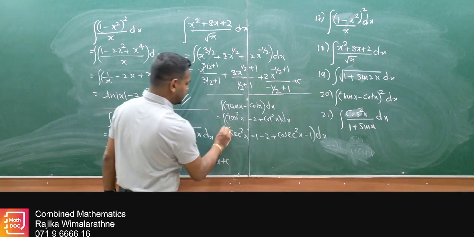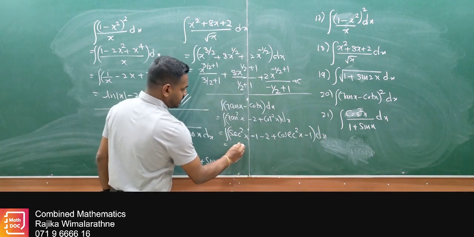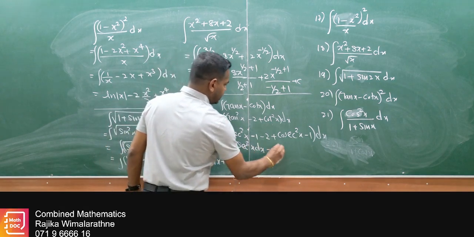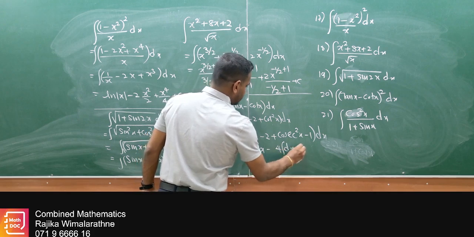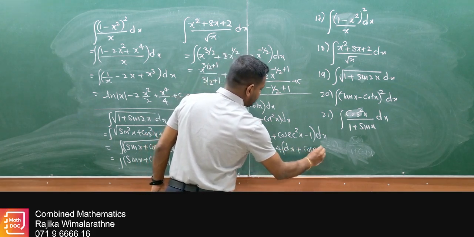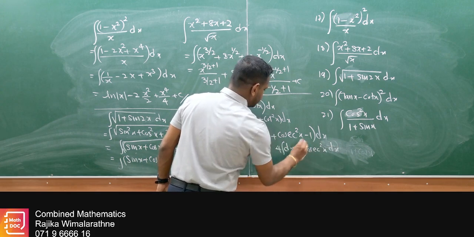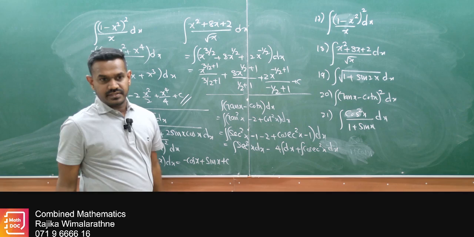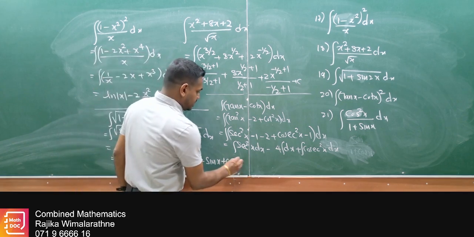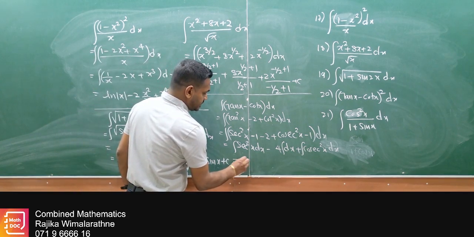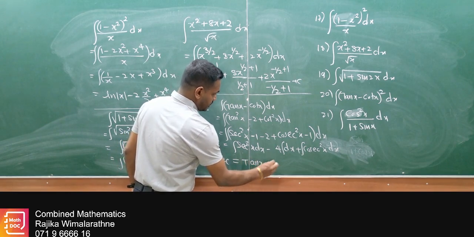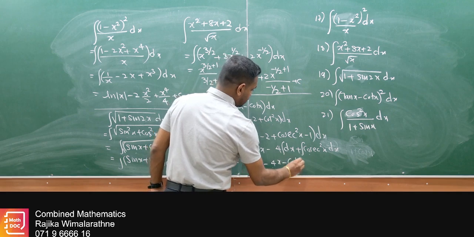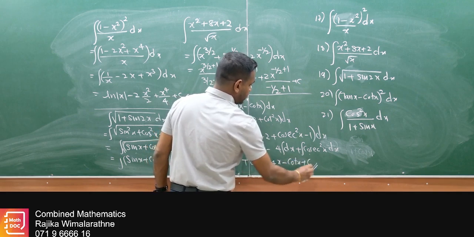Now you know these integrals: sec squared x dx minus 4 dx plus cosec squared x dx. You need to convert using simplification into integrable type. Then sec squared integral is tan x, minus 4x, cosec squared gives minus cot x, plus c. That's how we integrate it.